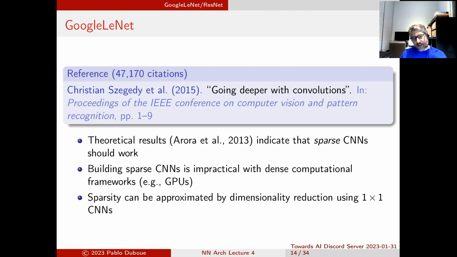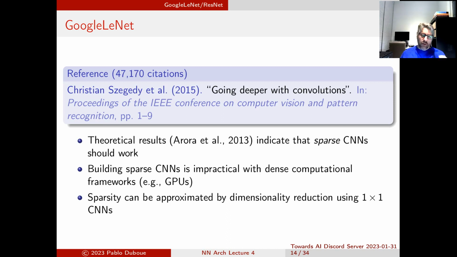But they realized that they can approximate that sparsity by doing dimensionality reduction. And how do they do dimensionality reduction? They use CNNs of size 1 times 1, which are very strange animals, and we should keep them in mind because they are part of the transformer blocks.